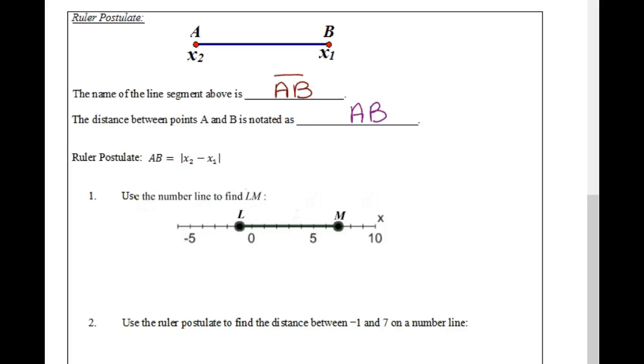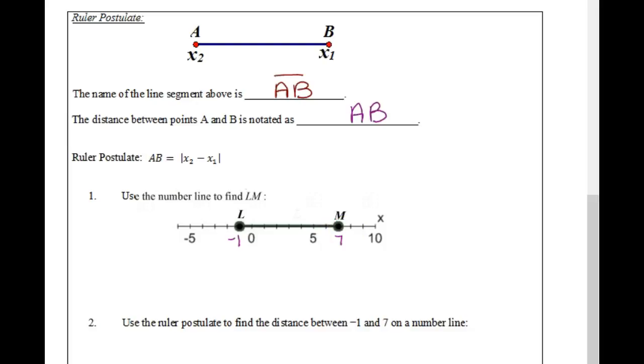The ruler postulate says that you can use absolute value and subtraction to find a distance. For instance, if we wanted to find the length of LM, instead of counting all the spots, I could say point L is located at -1, point M is located at 7.